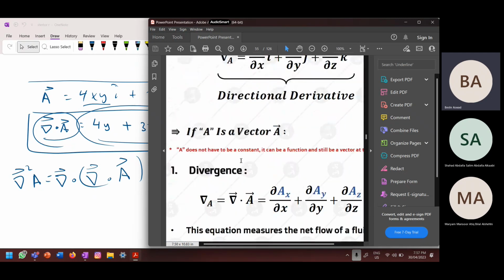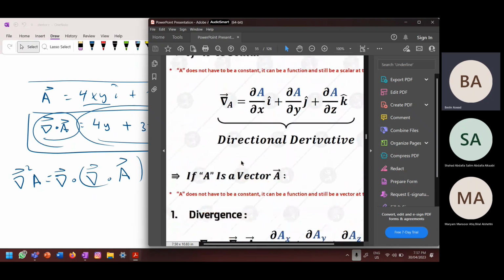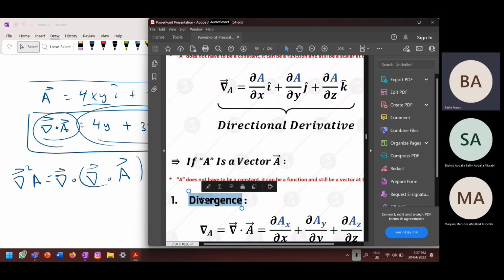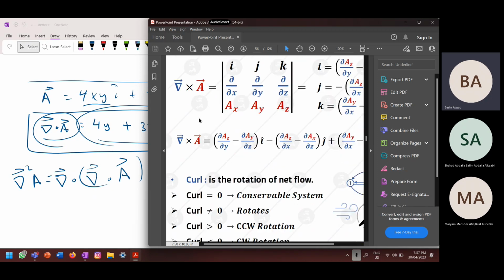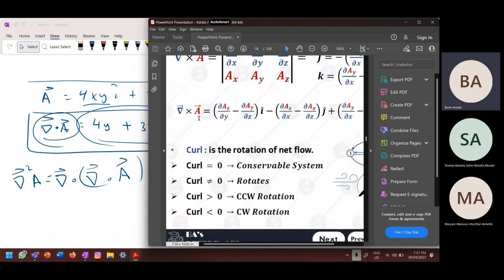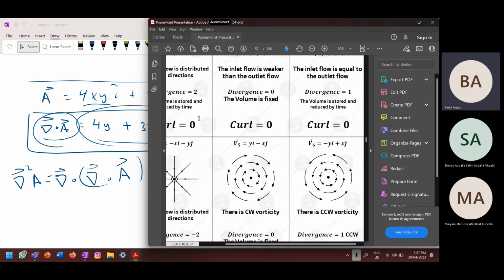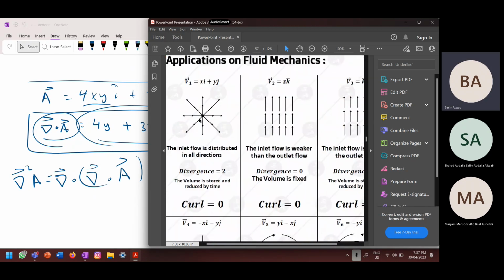Now I want you to remember these. The divergence is just the dot product. As for the new topic, which is curl, it is called the cross product. Make sure of something here. Okay, good.